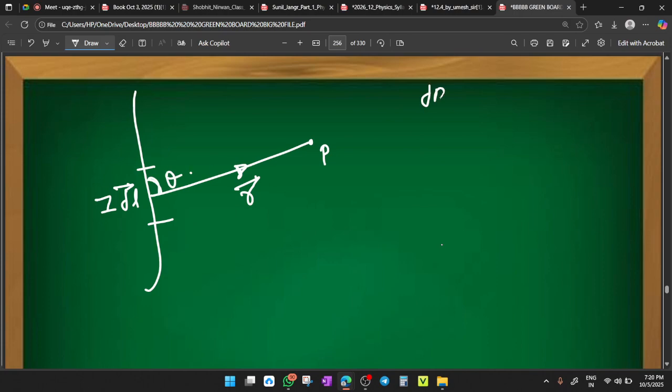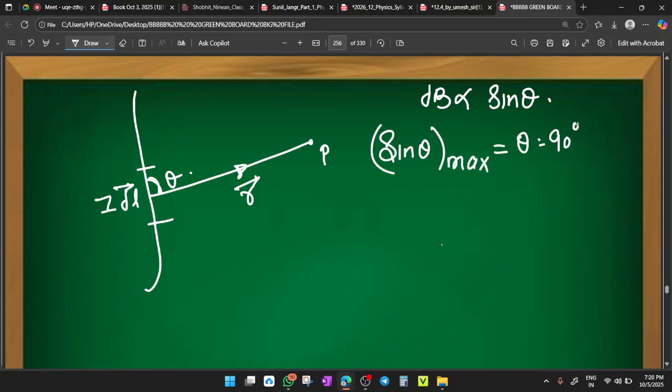So dB is proportional to sine theta, and sine theta has its maximum value when theta equals 90 degree, because sine 90 equals 1.